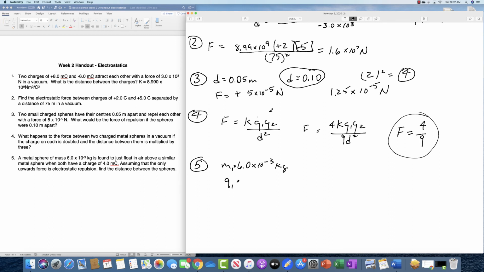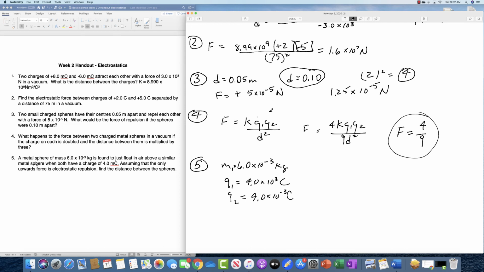So the charges, Q1 is 4 times 10 to the minus 3 coulombs, and the second charge is 4 times 10 to the minus 3 coulombs. Assuming that only the upward force is the electrostatic repulsion, find the distance between the spheres.